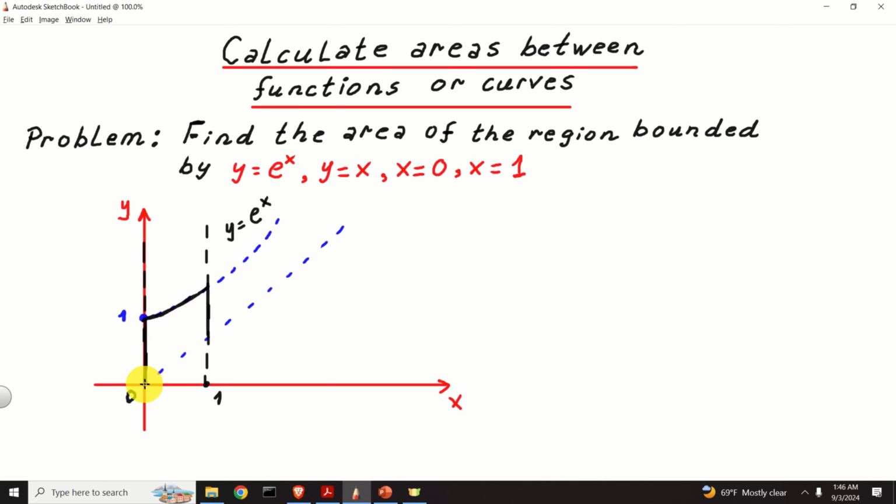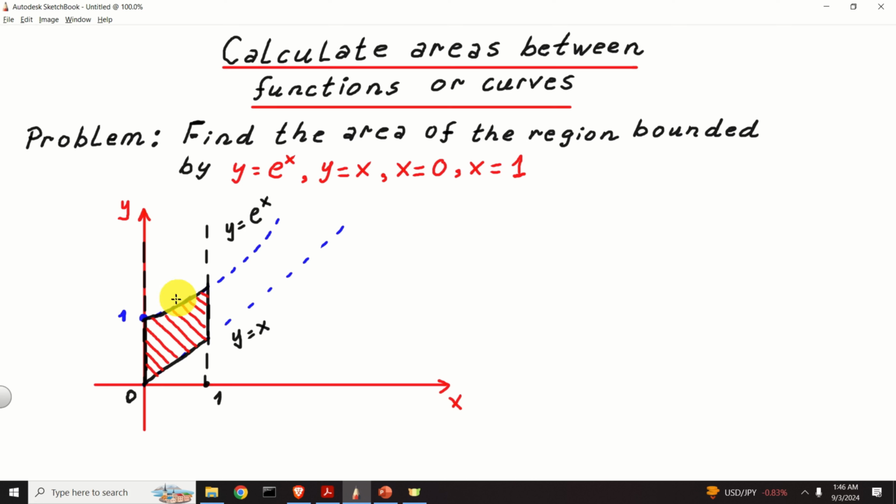And the lower boundary is given by the function y is equal to x, and here it is. And here is our region. Over here, I will use this red line to denote the region. Here it is.